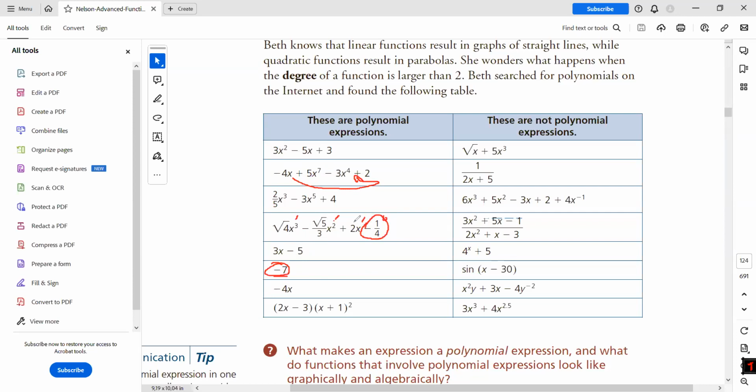It means all the rest of the terms, x to the third power, x squared, x to the first power, they all have multiples of 0 in front of them. Basically, that's why we call minus 7 also a polynomial expression, because it's a special case of a polynomial expression where all the multiples equal 0. Okay?